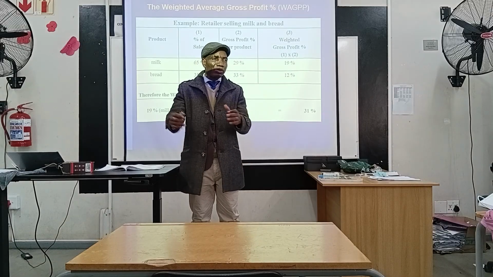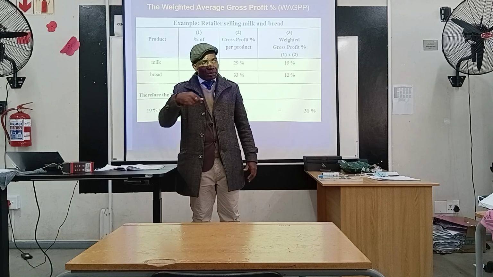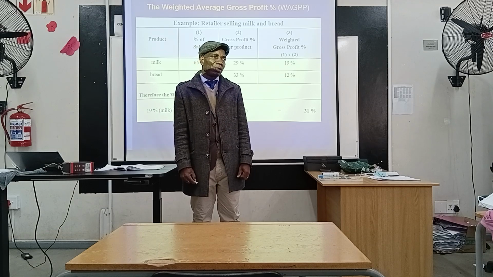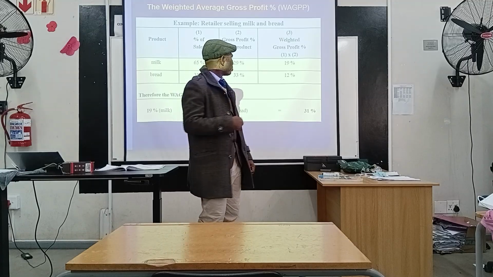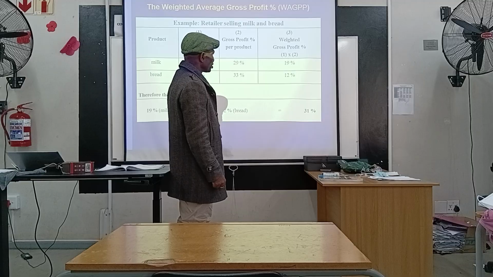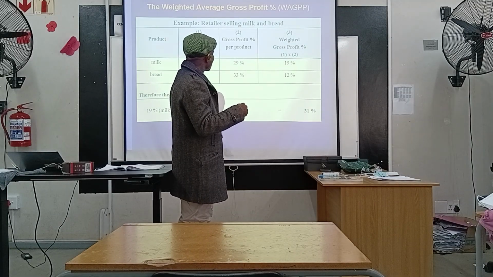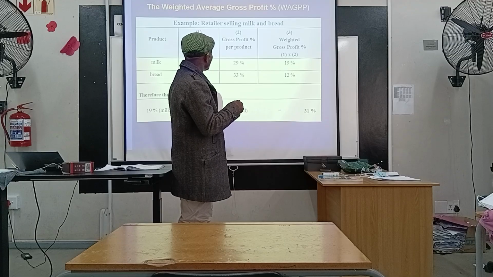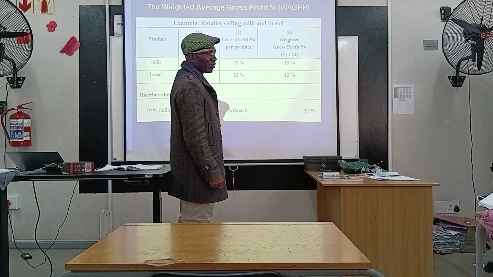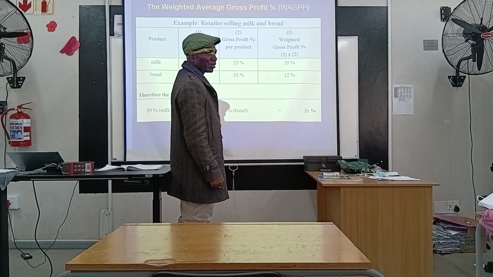So if you want to calculate the gross profit percentage for the two products, you need to take that into consideration. If the bread in your business constitutes 65% of the sales, you cannot use its 19% only as your gross profit, because it constitutes only 65% of your sales.